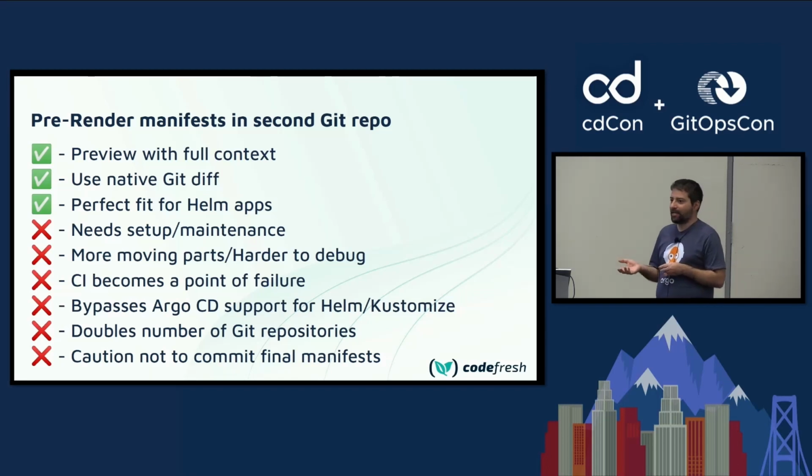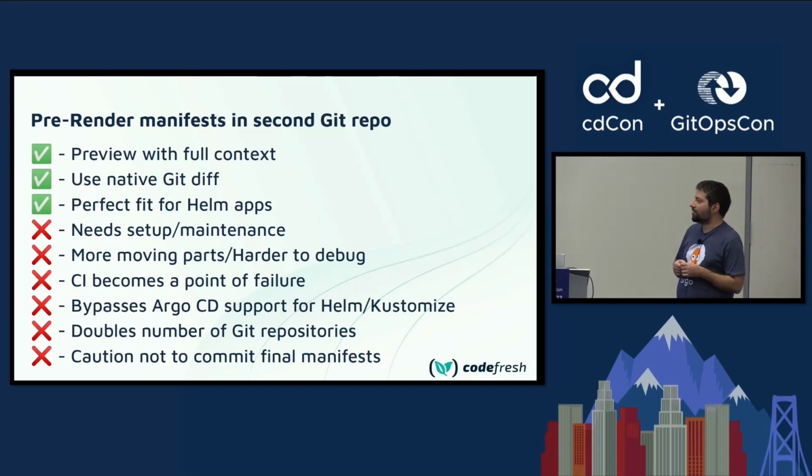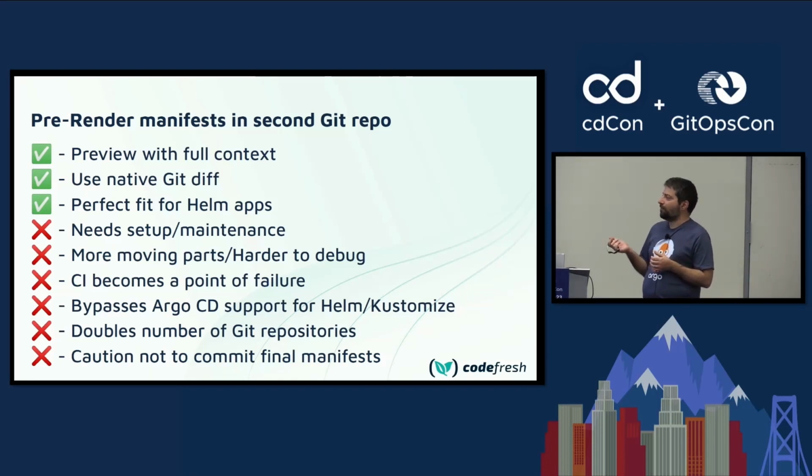And then I make a change, and I don't understand that this is not the way I should do changes. So you need to pay some attention there and place some guardrails on what people can and cannot do. And if you're using a separate Git repository, now you have double the number of Git repositories. You have essentially three for each application: the source code, the final rendered manifest, and the Helm charts.